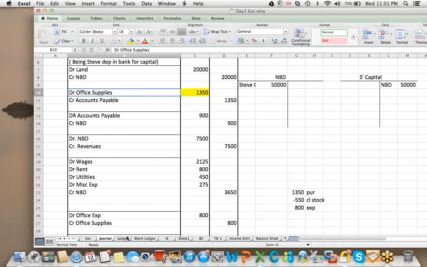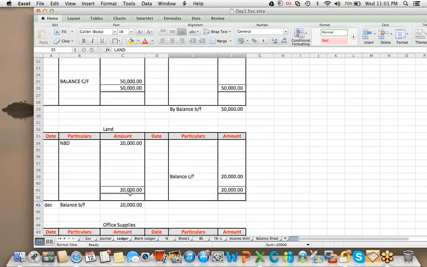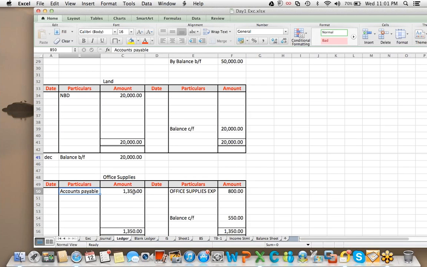Then office supplies debit. Let's go to office supplies. Office supplies debit, accounts payable. Now you tell me, where is the impact of this debit here? That's on the accounts payable, right? Here it is on the debit side, but where will be the second effect? This itself is the office supplies account in which accounts payable is debited.